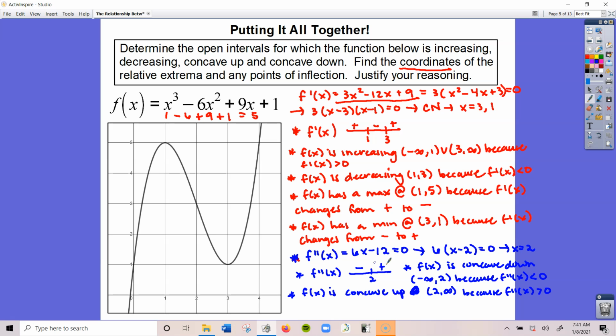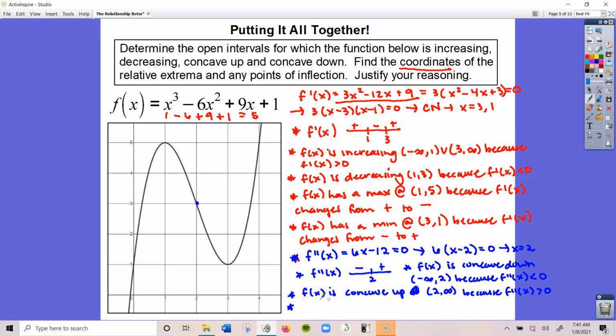Now to find the point of inflection, since the second derivative changes signs, there is a point of inflection at x is equal to 2, but we need the y value. So we can take the 2 and plug it in, or we can look at the graph since I have the graph right now. At x is equal to 2, the y value is 3.